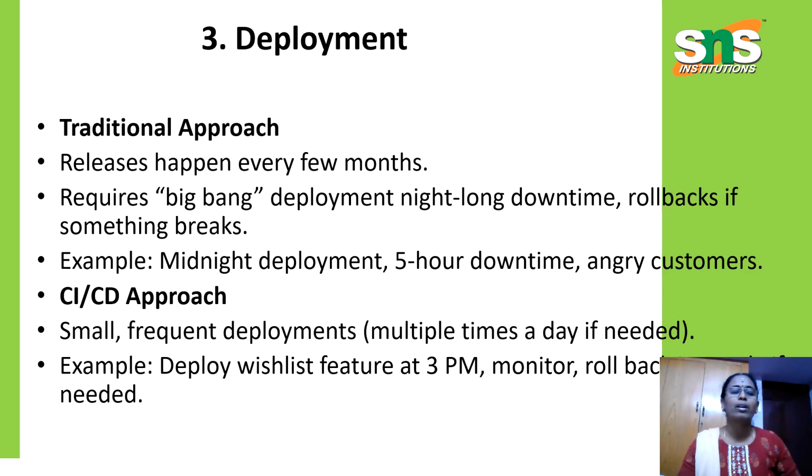Even in deployment, in the traditional approach, releases happen after a few months, that is, after completing the entire process: planning, designing, coding, testing and deployment. Only after completing all this do they dispatch the product to the customers.